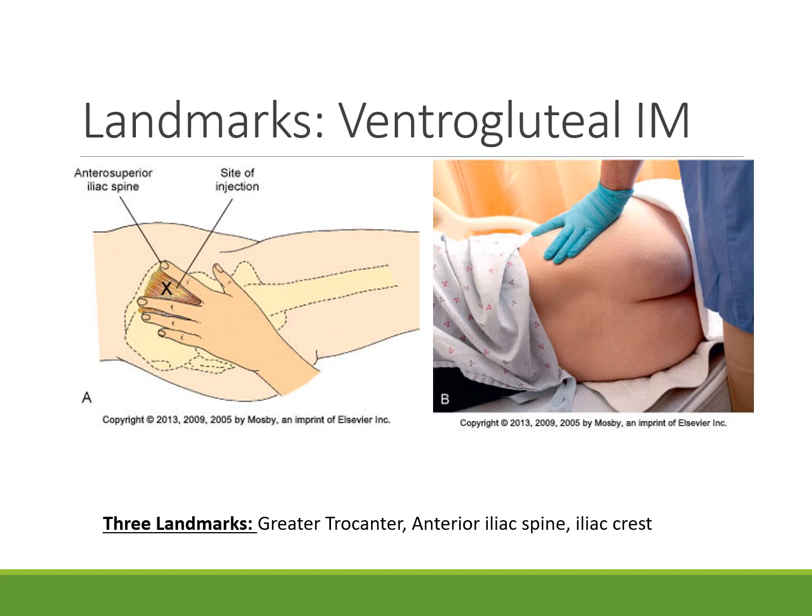So the upper outer quadrant is your site of injection. So kung nakatayo ka, tayo ka tapos mag-drawing ka ng cross line sa buttocks mo, yung pinakamataas na sa outer part. Pwede sa kaliwa, pwede sa kanan.